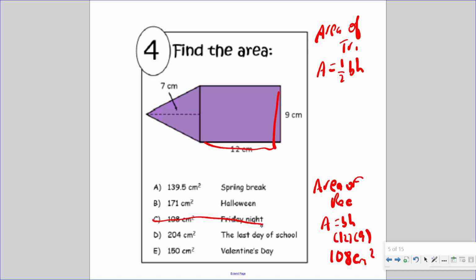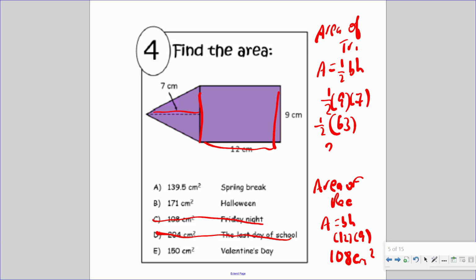So that's out. And I believe the 204 will be out because you can tell the triangle is not as large as the rectangle. What is the base? If you turn this picture around, the base would be 9. The height is 7. So 9 times 7 is 63. What's half of 63?